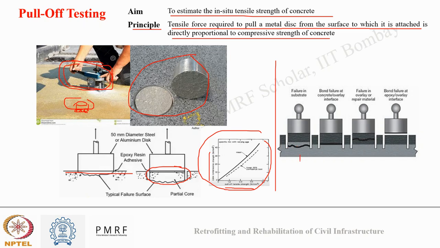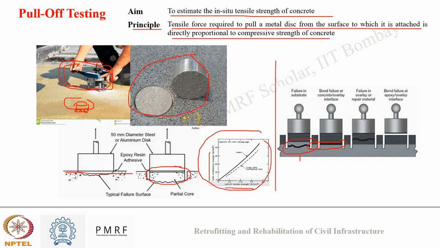Here in the first part, failure happened in the substrate, so we can say the plaster-concrete bond was much stronger than the concrete, so plastering was done properly. Here the failure happened at the interface only, which says that concrete strength was more, and the weakest link was the interface of plaster and concrete.